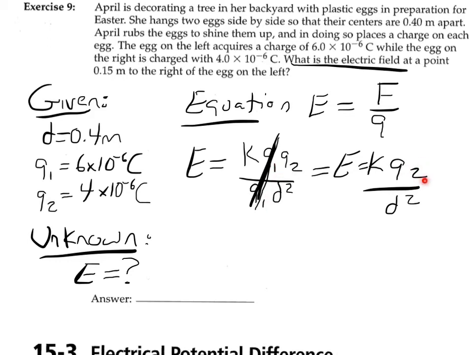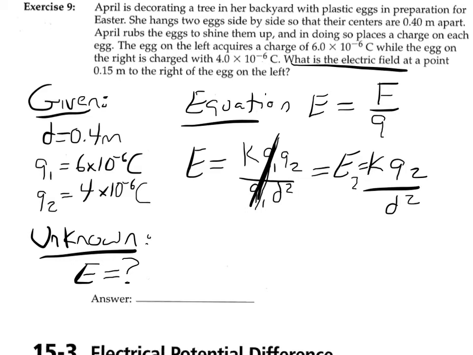I'm paying attention to this charge, so what I need to do is say, okay, I am finding the electric field for charge 2. Left, right, doesn't matter. I just happened to cancel out Q1.